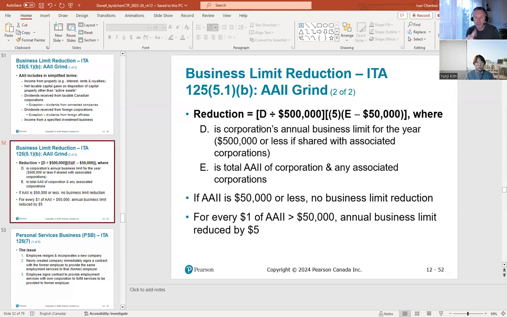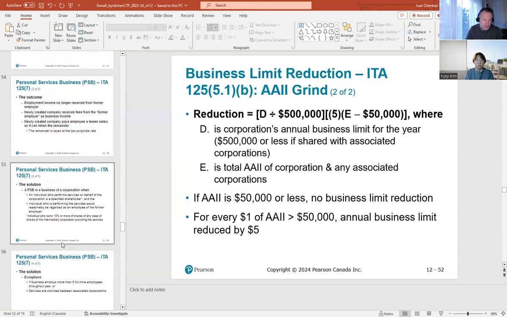D is the corporation's annual business limit for the year. So 500,000 divided by 500,000 times 5 times E, the total adjusted aggregate investment income minus 50,000. Again, crazy calculation.